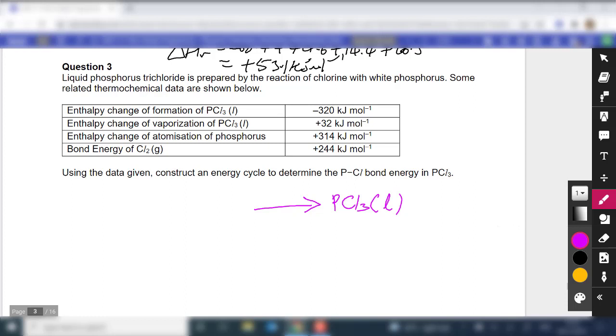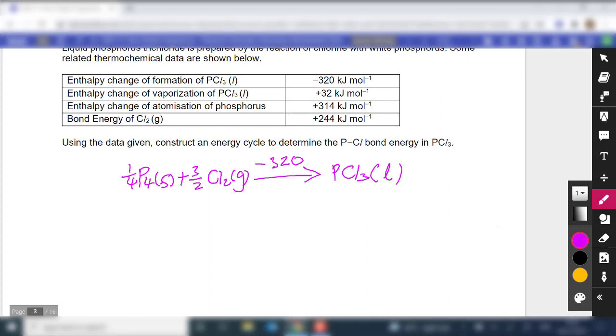So I will have a quarter P4 solid plus 3/2 Cl2 gas. So over here we are defining the enthalpy change of formation of PCl3. So this will be negative 320 over here.